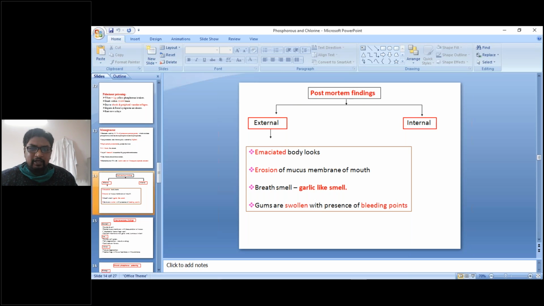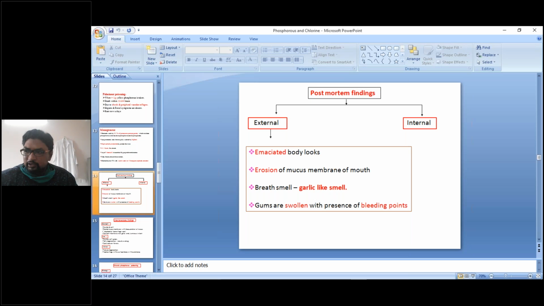What are the PM findings? They are divided into two types: external examination and internal examination. External examination: the body looks emaciated, erosions of the mucous membranes of the mouth can be seen, and the breath has a garlic-like smell.